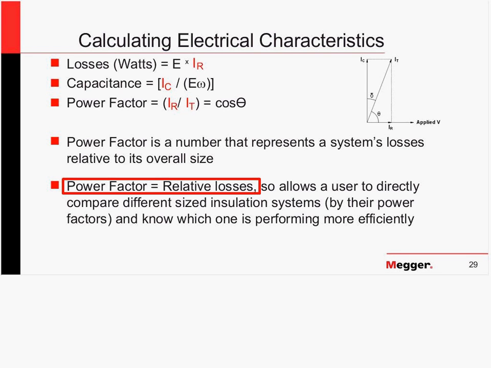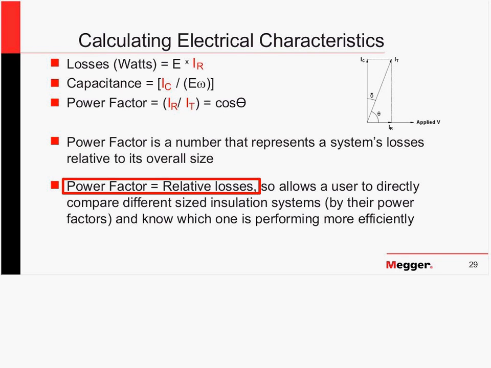And I would just say that losses and power factor are very closely related. The reason power factor is used more often than dielectric losses as a parameter to assess the insulation is because it takes out the size dependency of the insulation from the measurement. So in other words, if I look at dielectric losses, then I have to know exactly the size of the system I'm talking about.